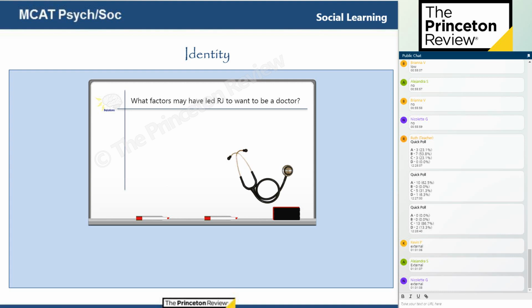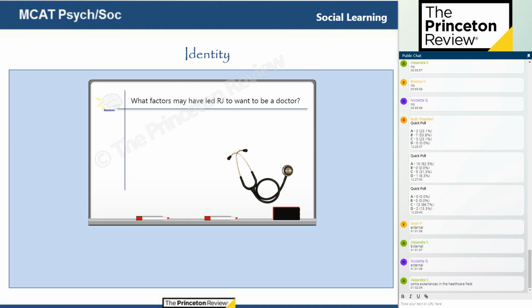Probably some of the same things that have led some of you guys to want to be a doctor. What do you suppose some of those things are? They've had some kind of experience in healthcare, right?